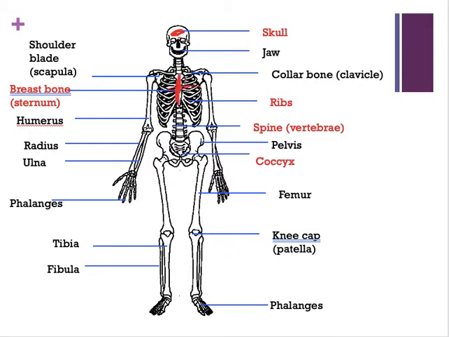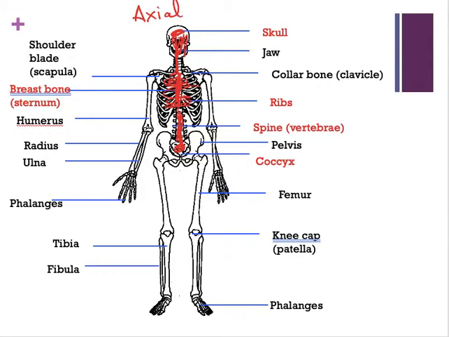We have our ribs all around here, spine down to the coccyx down at the bottom. Now, what you might notice about all of that is that it's right down along the middle of the skeleton, and that's why, if it's down along that central axis, it's called the axial skeleton.